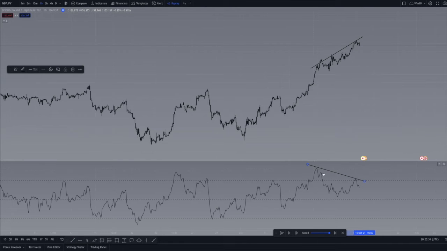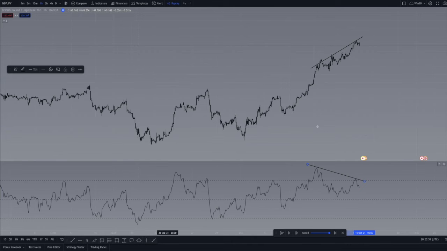So this high on the RSI we would refer to as overbought, because it is over this dotted line. When the RSI is above this dotted line, it's considered to be overbought, and likewise when it is below this dotted line down here, it is considered to be oversold.